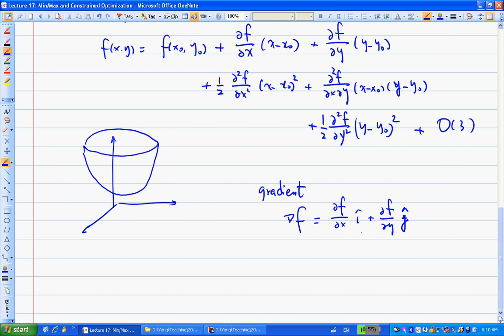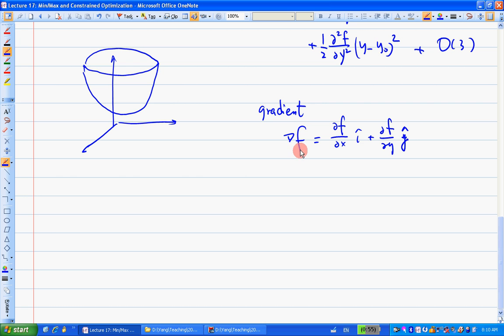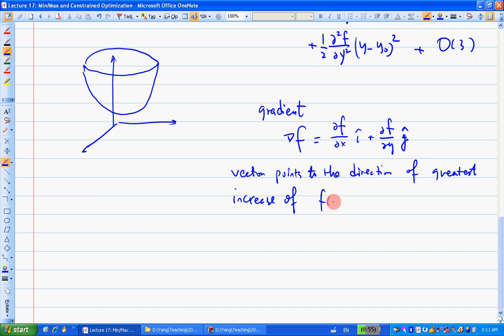The geometrical meaning is that it's a vector which points to the direction of the greatest increase of the function f of x, y.